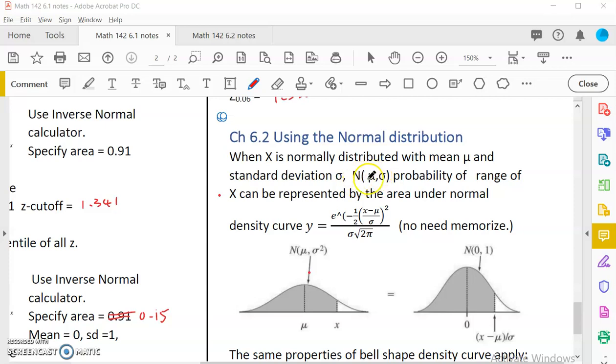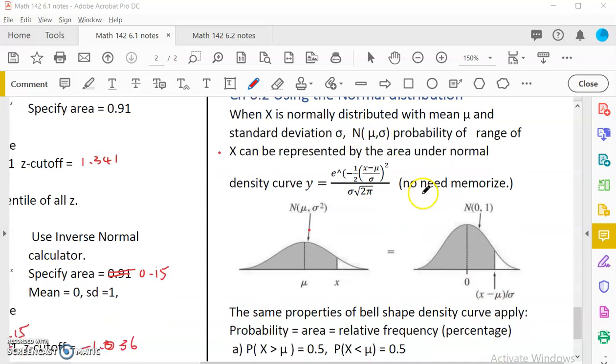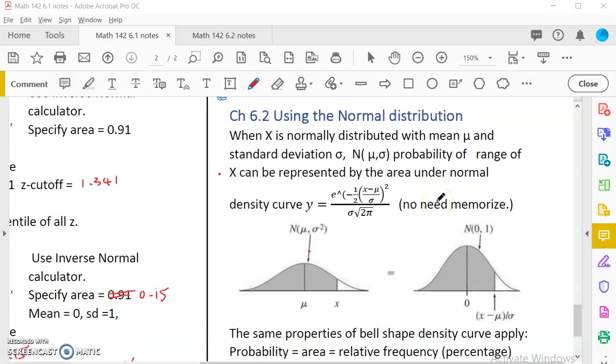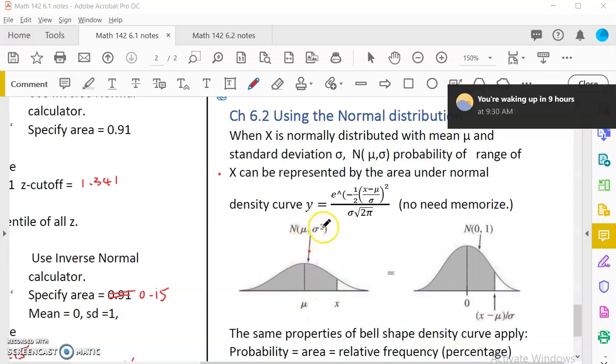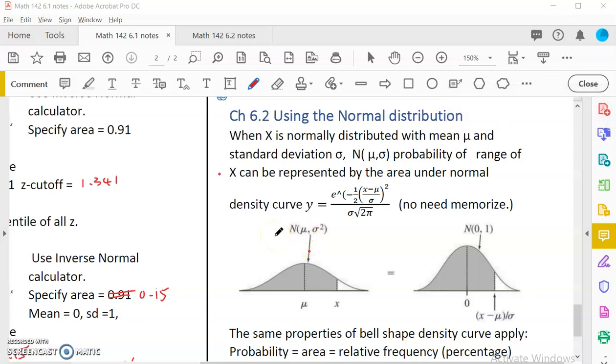And if a particular x value is normally distributed, then it can be modeled by a density curve like this. The mean is in the middle, it is symmetrical, and the standard deviation is sigma, right?